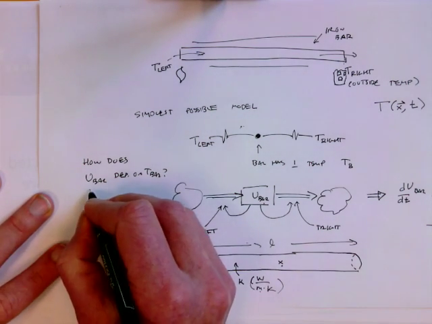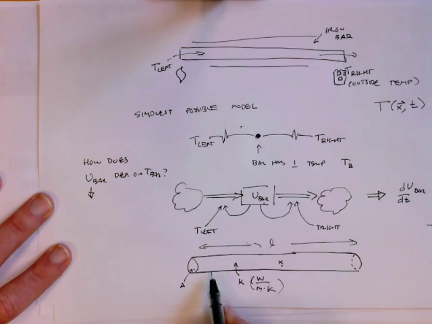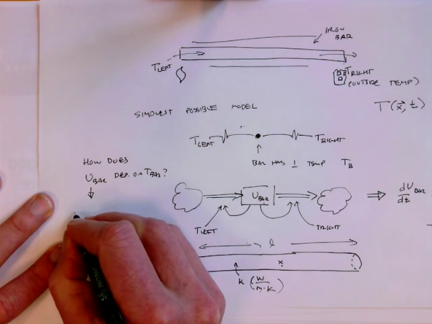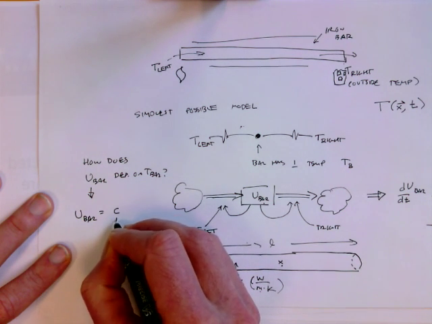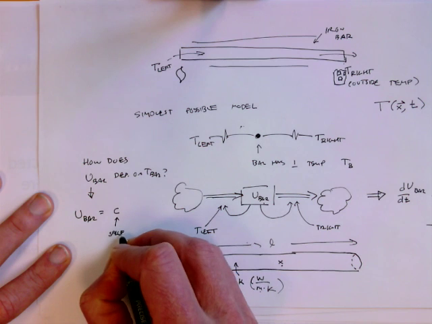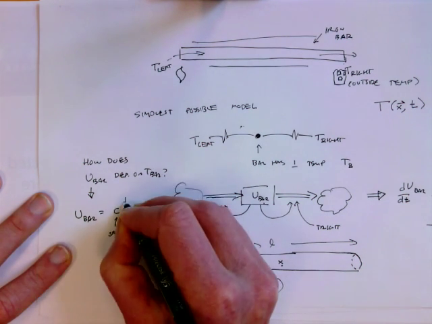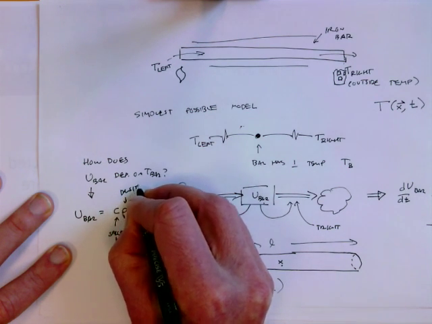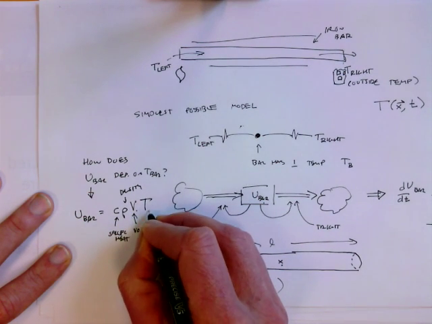But the idea that we're going to exploit is that, in general, there's a heat capacity associated with materials, which has to do with how much energy it takes to raise the object 1 degree Kelvin. So the model that we'll use is U bar is equal to some specific heat, times the density of the material, times the volume of the material, times the temperature of the bar.